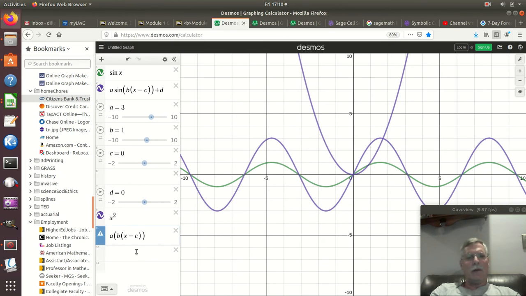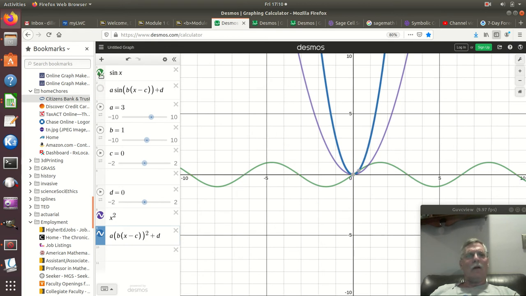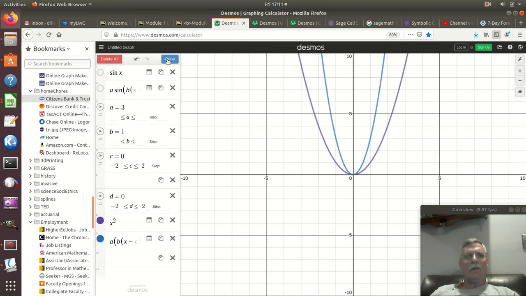Okay, so I put that bx minus c all inside the squaring function, and then plus d. Okay, now I'm going to turn that off and turn that off so I can see, these are almost the same color. I can change that by going here, and let's make that orange.